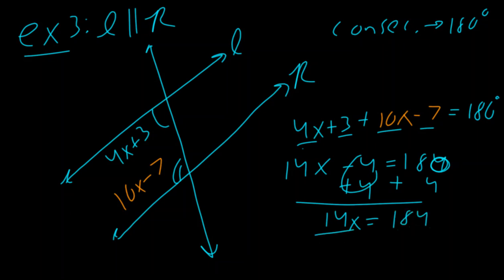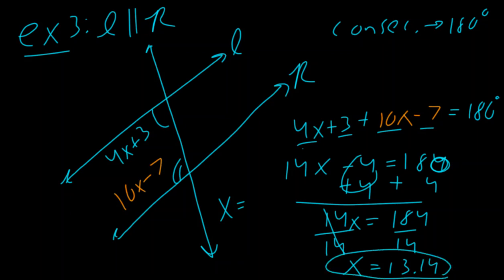That number I accidentally just said. Now, how do we get rid of this 14 in front of the x? Well, we divide both sides by 14. And you'll probably need a calculator for this because I know that I do. So let me just grab my calculator, and it appears that 184 divided by 14 will give us 13.14 for x.